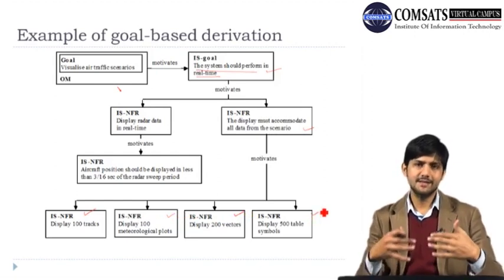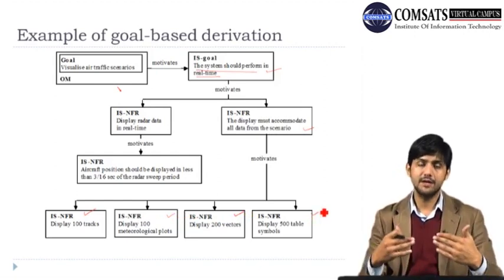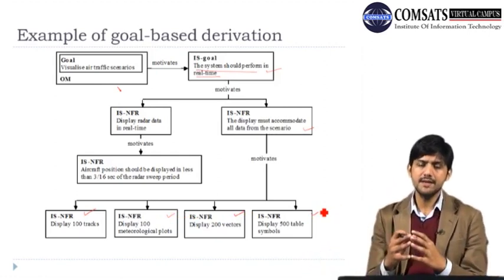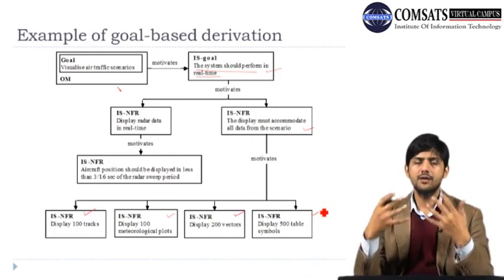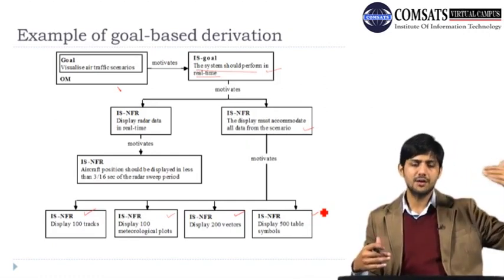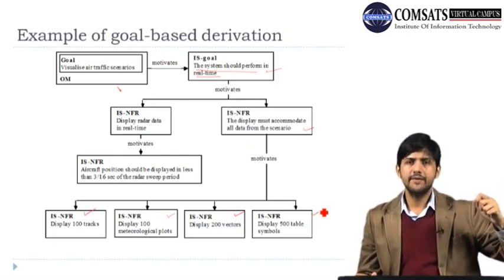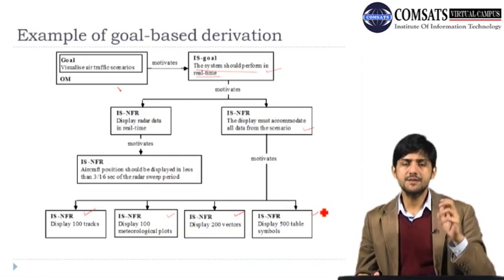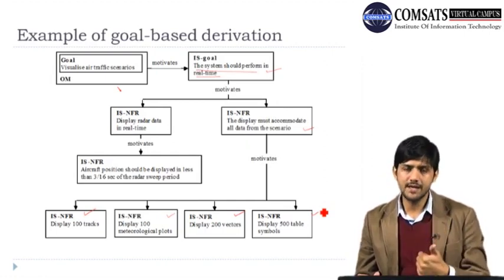Again, these requirements are related to the particular system that we are talking about. But the important thing is that we identified the goal, which is to visualize the air traffic scenarios, and then we identified the sub-goal, that the system should perform in real time.